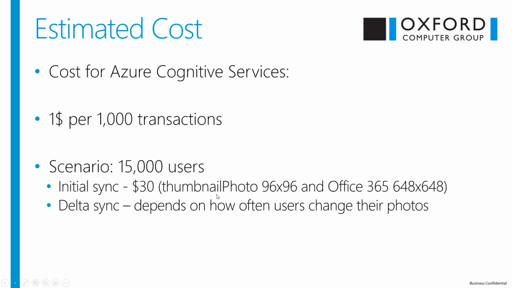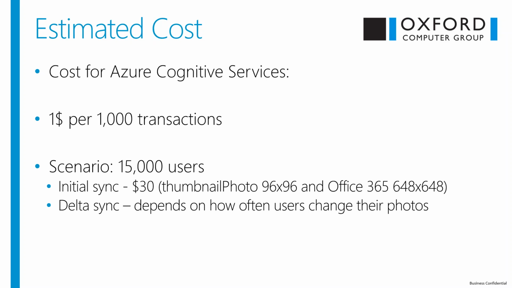And then the all-important cost. Anytime we're using a cloud service that's used on a consumption basis based upon transactions, we have to be cognizant of what that might cost. Luckily, it's fairly cheap because it's basically $1 per 1,000 transactions.